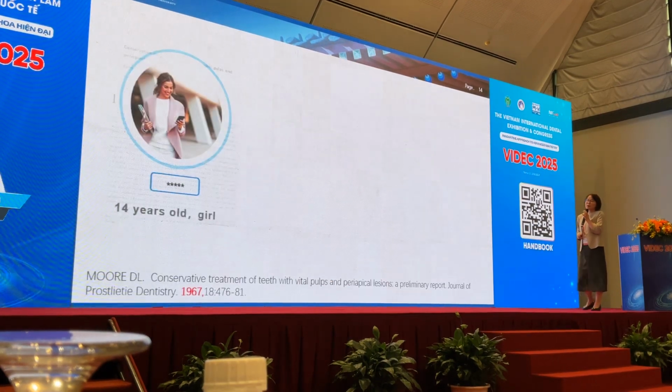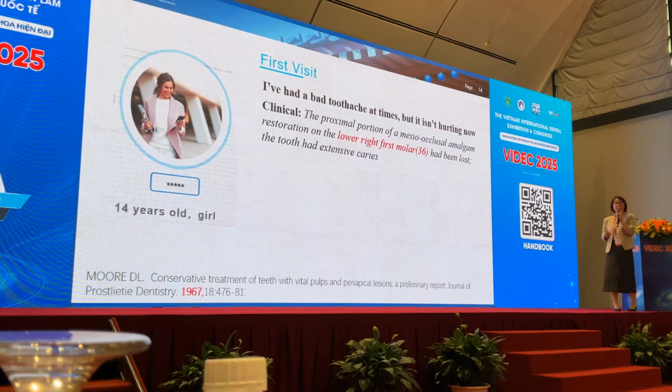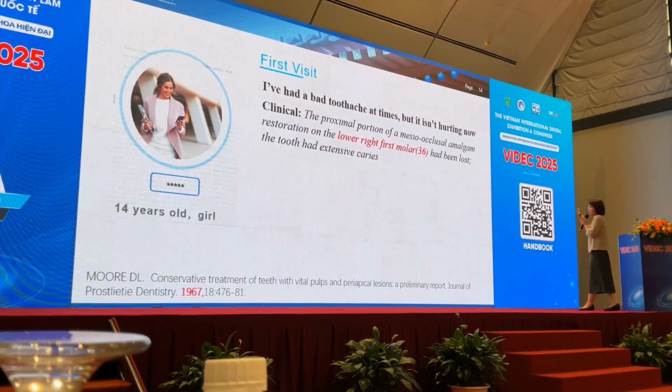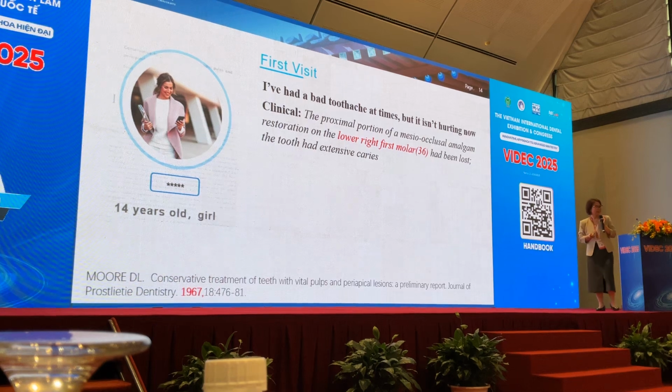And it was about a 14-year-old girl. She came to the clinic and reported, "I had a bad toothache at times, but it isn't hurting now." On clinical examination, the dentist found an amalgam restoration on the lower right first molar, with the proximal portion lost, and the tooth had extensive decay.